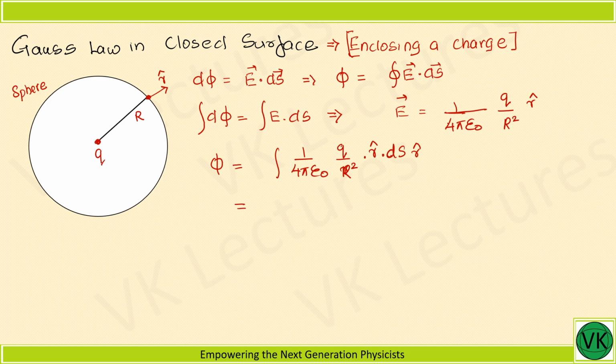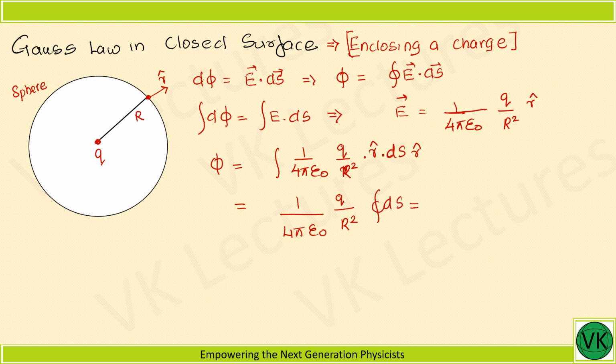So now we can take whatever constant quantities are there out: 1 by 4 pi epsilon naught, small q by capital R square. r cap dot r cap is 1, so integral ds.